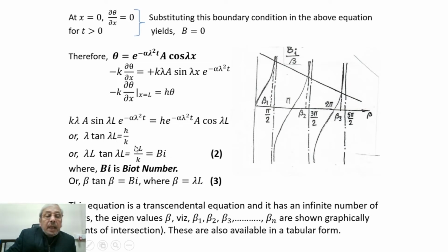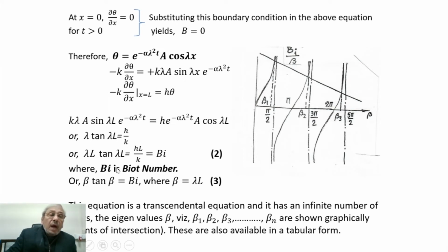hL by k is the Biot number. In French it is Biot, in English it is also written Biot, whatever you prefer, you can pronounce it that way. It is named after the famous scientist and mathematician Biot, who worked on thermal problems related to conduction heat transfer and also convective heat transfer.